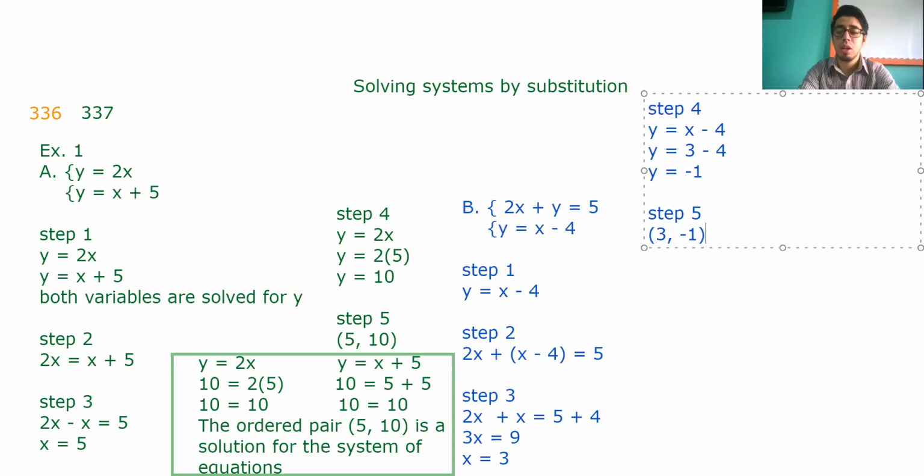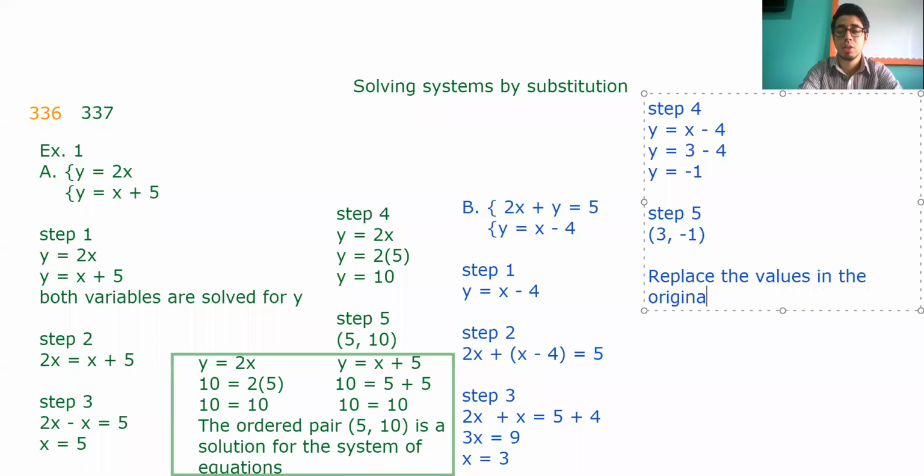Okay. Then we already have the possible answer, this one, but we need to prove that this is the solution. So we substitute the values, replace the values in the original equations. Then I'm going to prove in both equations.